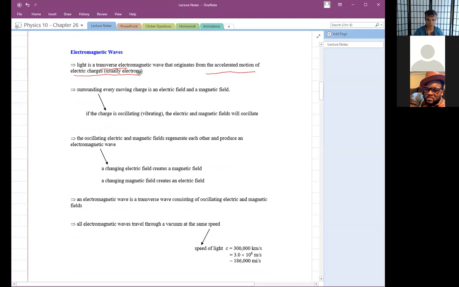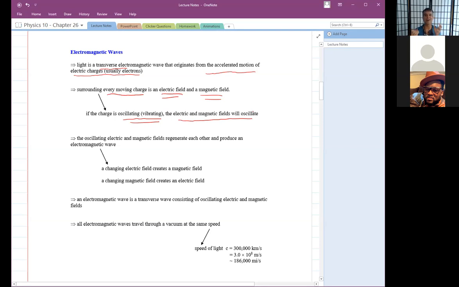Remember, every charge that is moving has both an electric field around it and a magnetic field. If a charge is at rest, it only has an electric field around it, but if it's moving, it has both. If the charge is oscillating, which basically means vibrating, then the electric and magnetic fields will also oscillate.